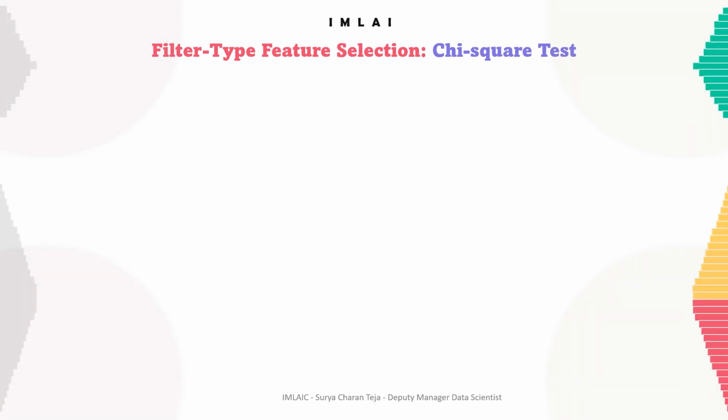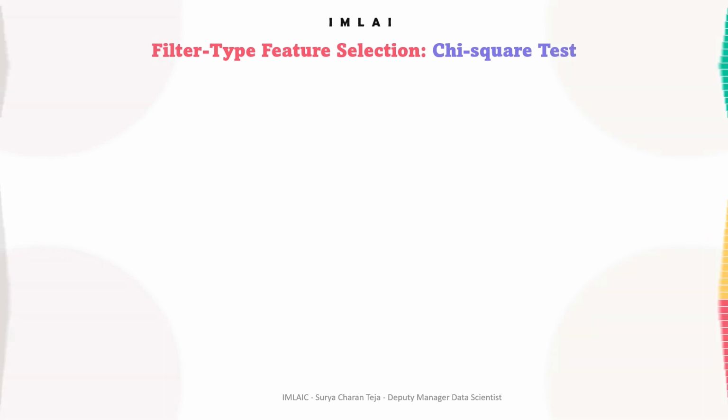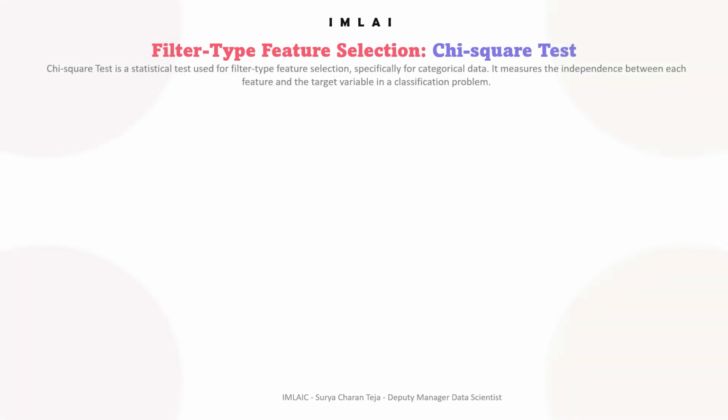So the chi-square test is a statistical test used for filter type feature selection, specifically for categorical data. It measures the independence between each feature and the target variable in a classification problem. So that's what we're specifically talking about here.